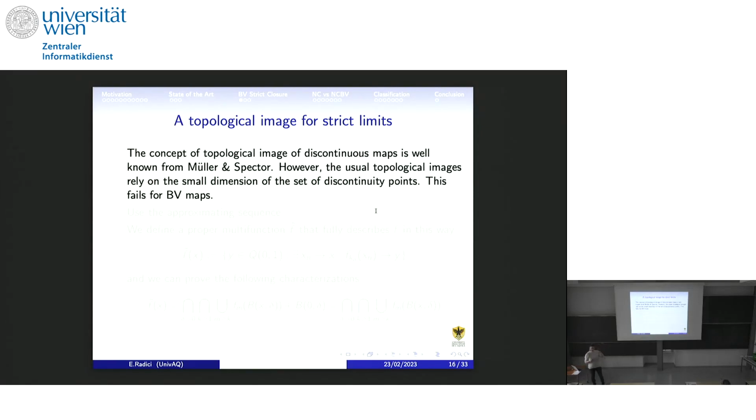Strict, not Manhattan strict, I will tell you later. Clearly, since we can have fractures, the standard concept of topological image, introduced by Müller and Spector, which was already mentioned by someone, I don't remember who, doesn't apply to our case. So we have to generalize this concept, and our idea was to use the approximating sequence.